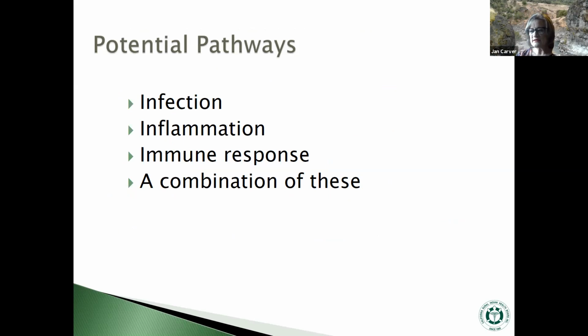There are some possible pathways for how oral health and oral bacteria can influence systemic health. The first possible pathway is infection. Of course, the oral cavity is full of bacteria. Some of it's harmless, some of it is pathogenic.